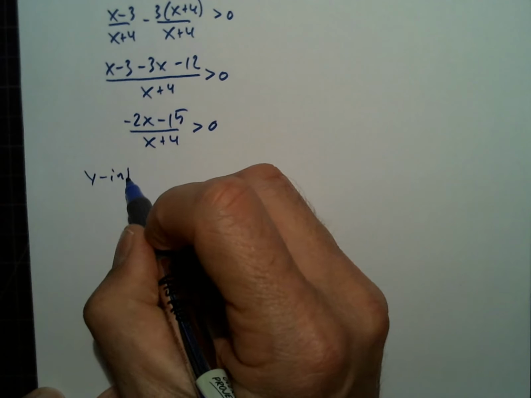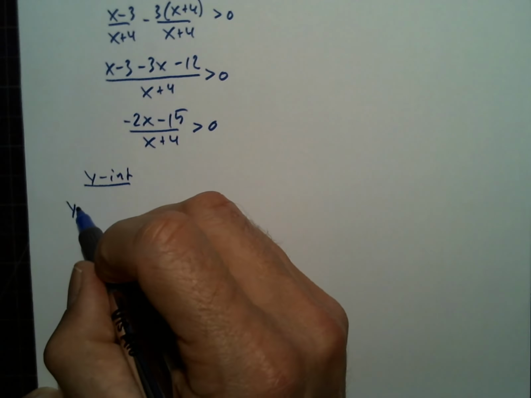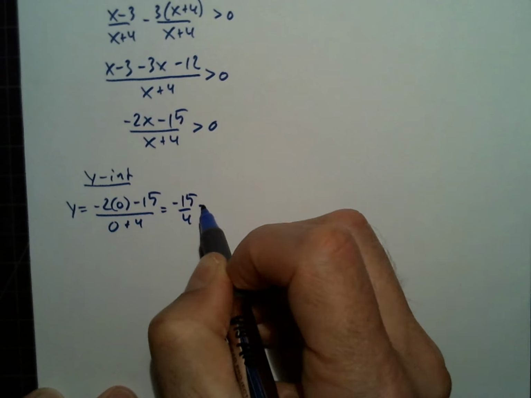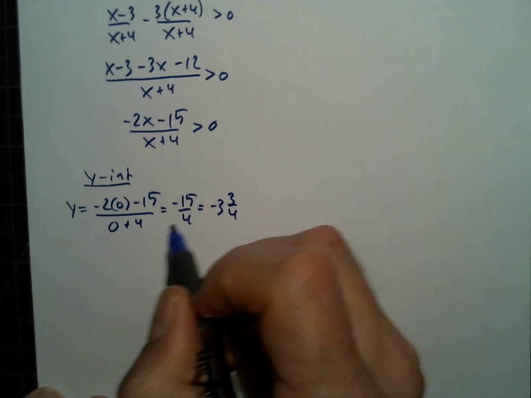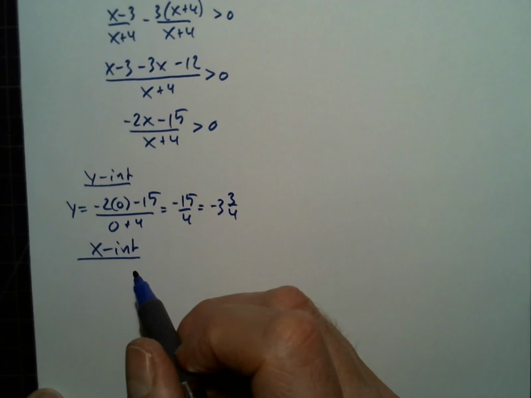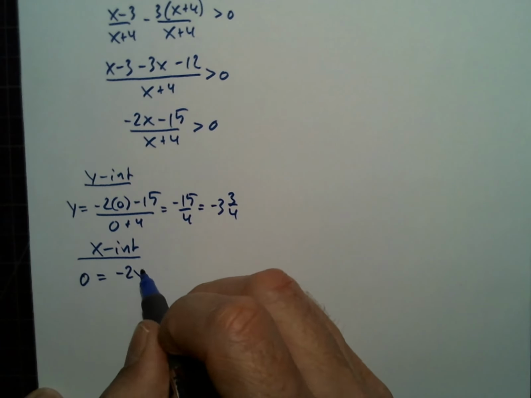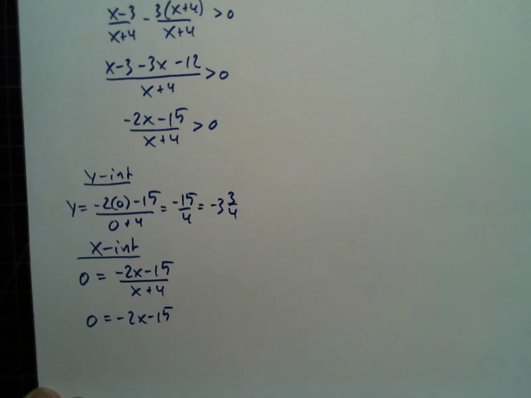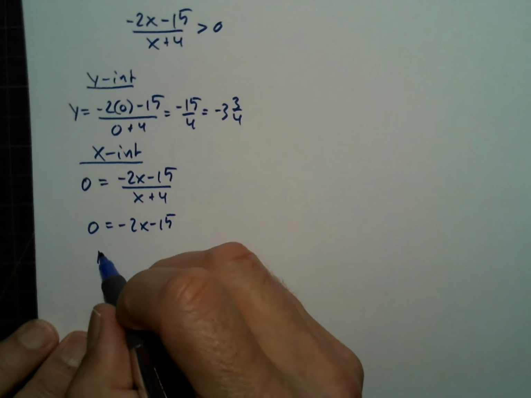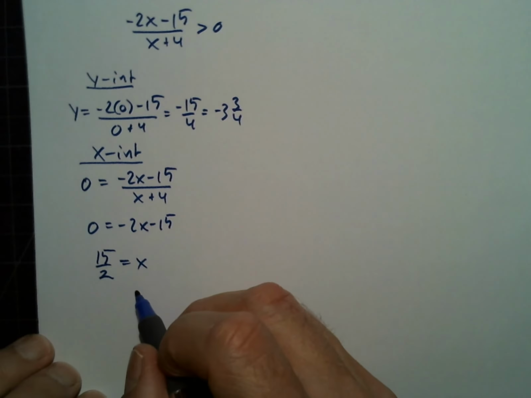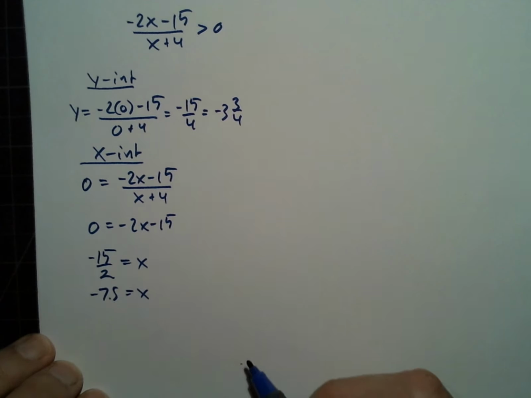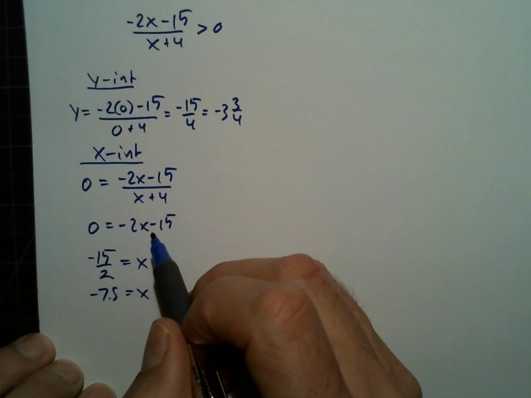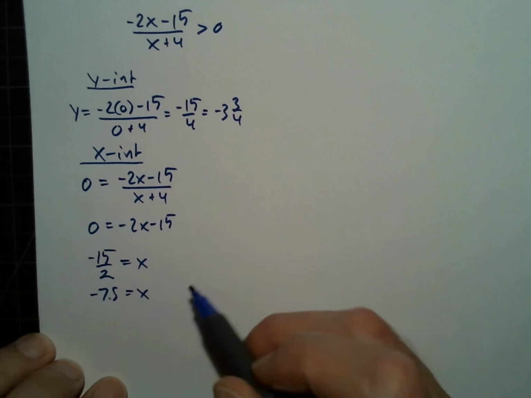So let's look for the y-intercept. The x-intercept: multiply both sides by the denominator, and so then we'll just be left with the numerator, and we get negative 7.5.